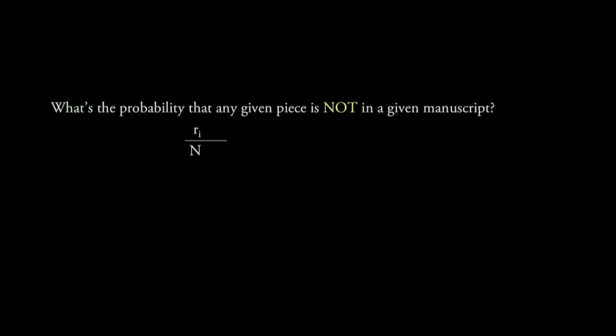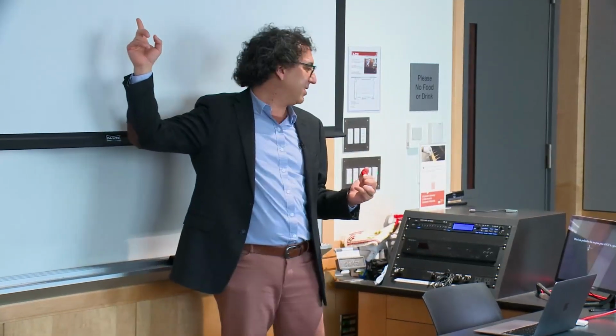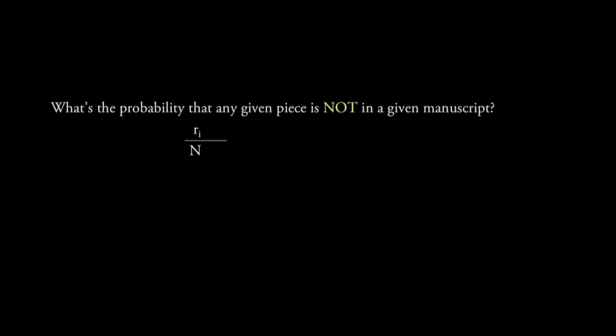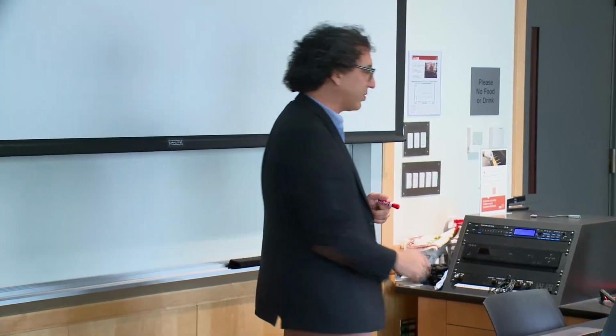So we can also figure out what's the probability a piece is not in a given manuscript. What's the formula? Just see if you're awake. If this is the formula for it being in the manuscript, what do we do? 1 minus, good. We're all on the same page there, great. So what's the probability that it's not in 2 manuscripts?